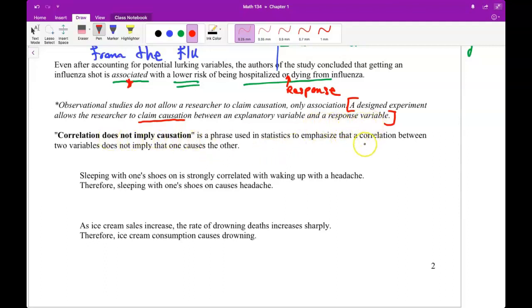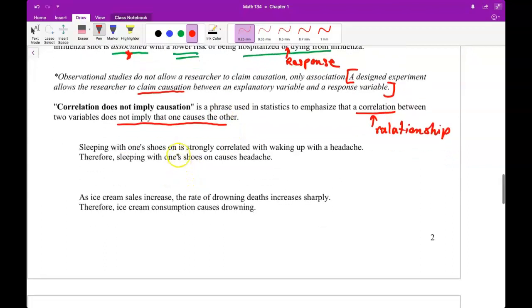So correlation here is a relationship, and that does not imply that one causes the other. Let me write that here. It doesn't imply that the main explanatory variable causes the other, the response variable.